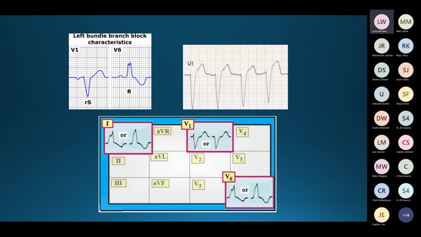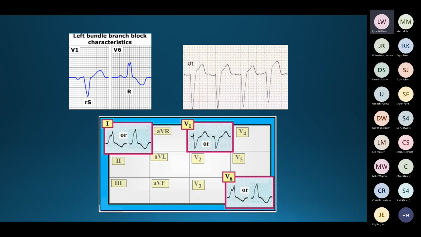Left bundle branch characteristic, remember, is a negative or an S wave. And that's the primary thing. So here you have a wide complex, small tiny r, and then a big S wave. Then this is V6.